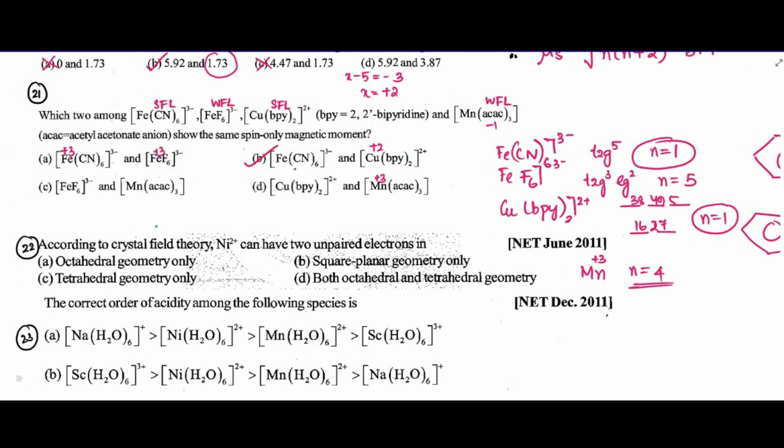According to the crystal field theory, nickel plus 2 can have 2 unpaired electrons. ഏത് ജോമെട്രിയില്?